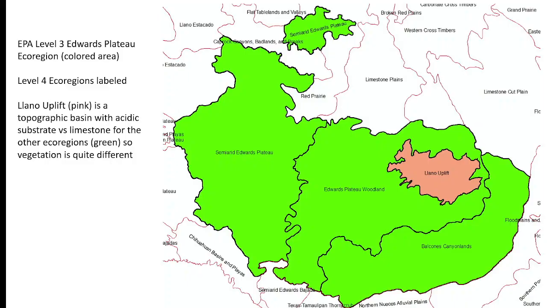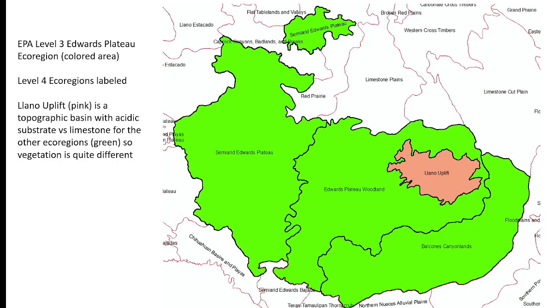But let's zoom in. These are the level 4 ecoregions of the Edwards Plateau level 3 ecoregion. So there's 4 subdivisions. The Llano uplift there is a geologic uplift, but it's a topographic basin.